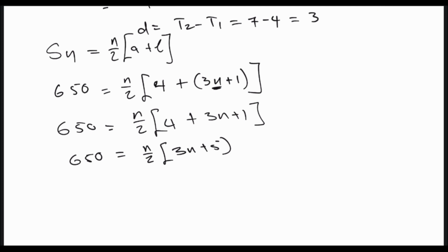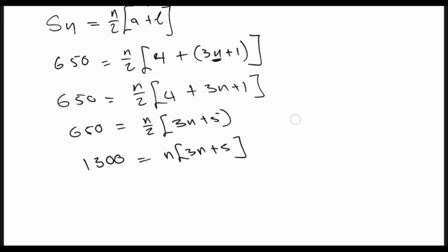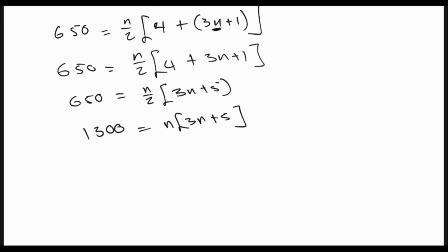We get 650 times 2, that's 1300 is equal to n times 3n plus 5. All right, great. So we distribute that n, and we get that 1300 is equal to 3n squared plus 5n, right?